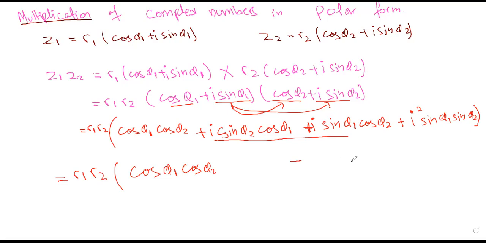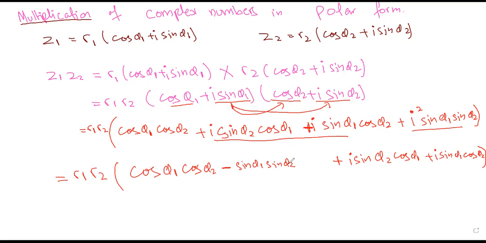So it is iota sine theta 2 cos theta 1 plus iota sine theta 1 cos theta 2. Bracket closed. And this term would basically become what? Iota square is -1. Okay, so it would become minus sine theta 1 sine theta 2.